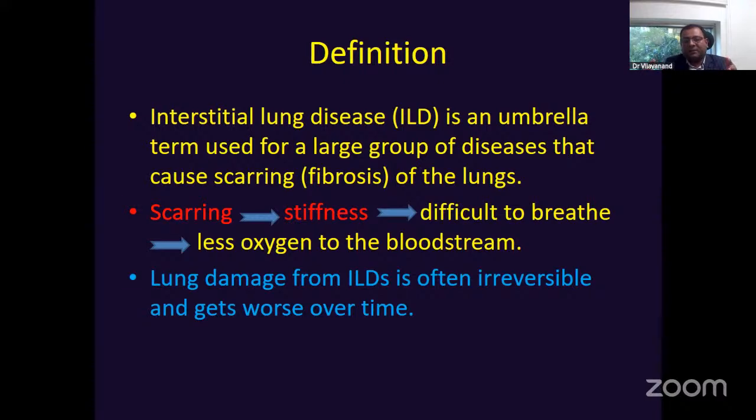And since the patient cannot take in a sufficient amount of air, the oxygen coming into the bloodstream also will be less. Because of that, the patient feels either discomfort or breathlessness, or becomes very weak. So these are all the sequelae of interstitial lung diseases.